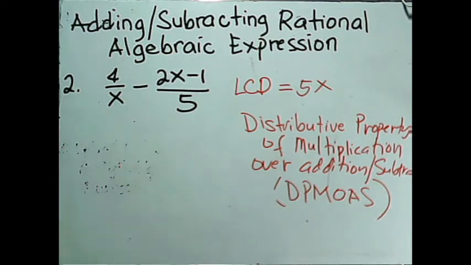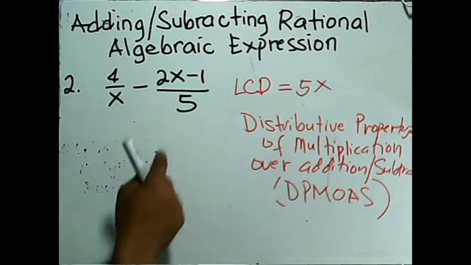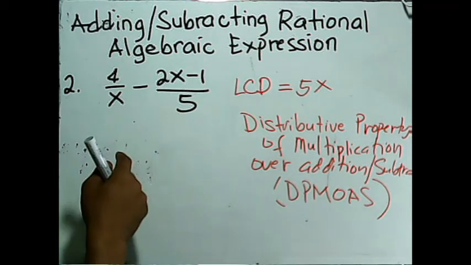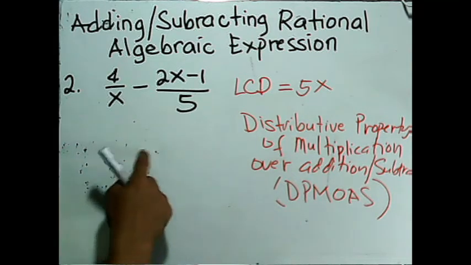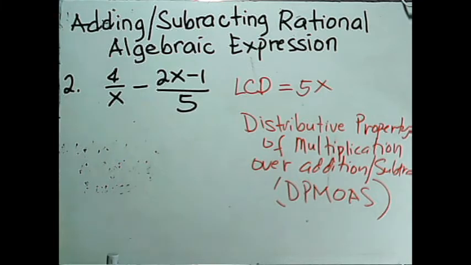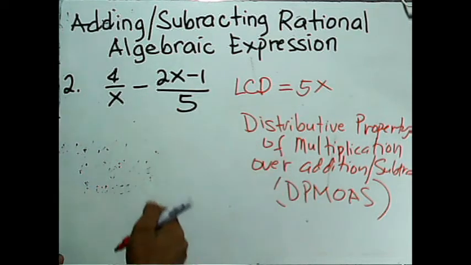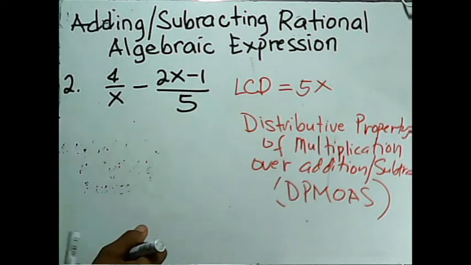Okay, so this time we are going to transform this into a quadratic expression. Again, our step is to find the LCD. To find the LCD, we multiply the denominators. Our denominators are x and 5. So 5 times x, or x times 5, is 5x. Then we multiply our LCD to the binomials.